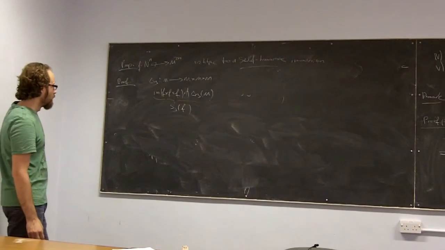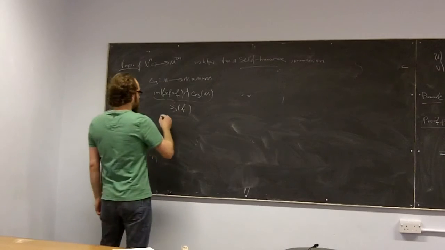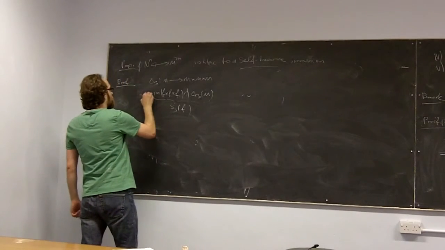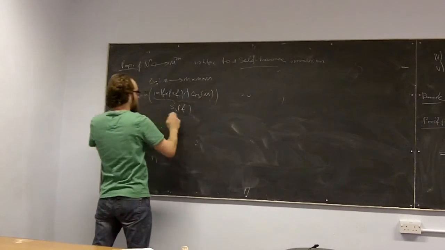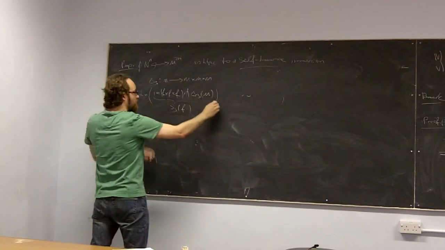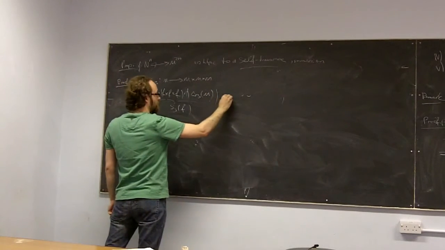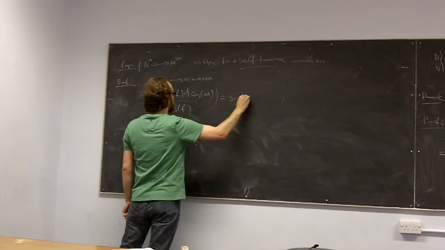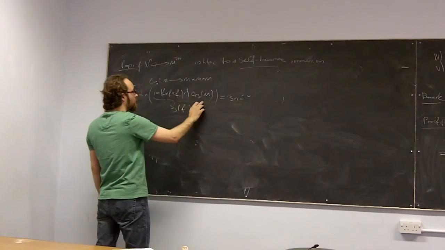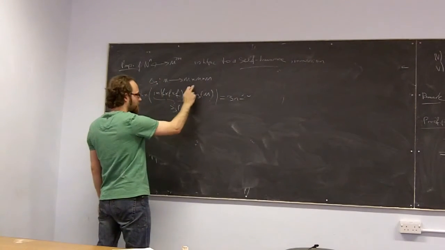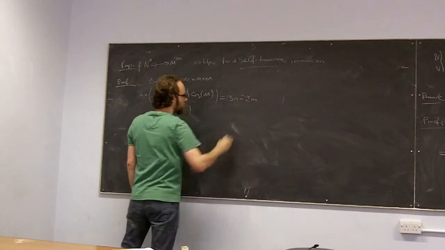So what is this dimension? Again, the sum of dimensions minus the dimension of the ambient manifold. So this is 3m minus m minus 3m plus m minus 3m, so 3m minus 2m.